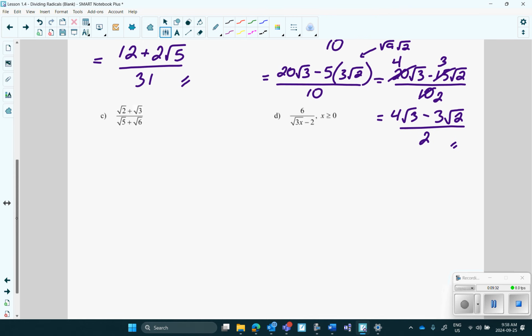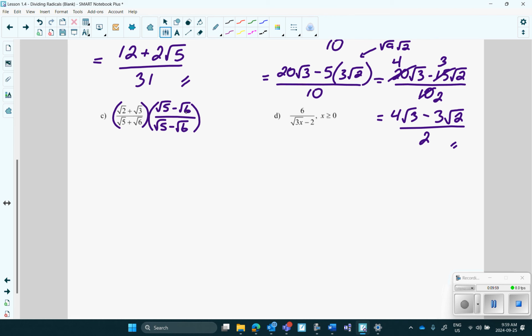Let's have a look at the next one. Going to be a lot of multiplying going on in this one. I have to do 4 up top and 4 on the bottom. What am I going to multiply the top and bottom by here? Root 5 minus root 6.